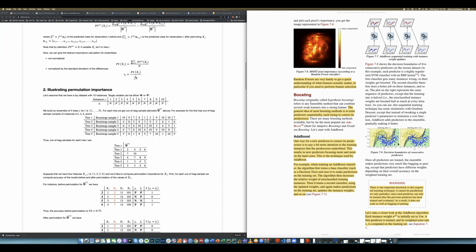I don't know if this is a skewed data set or not, but let's say there were more blue samples than yellow. Or my predictor got more yellow samples right compared to the blue samples. I see where you're going. Right. Then the blue samples are going to be weighted more than the yellow samples. And consequently, every sequential predictor that follows is going to try to cover up that mistake.